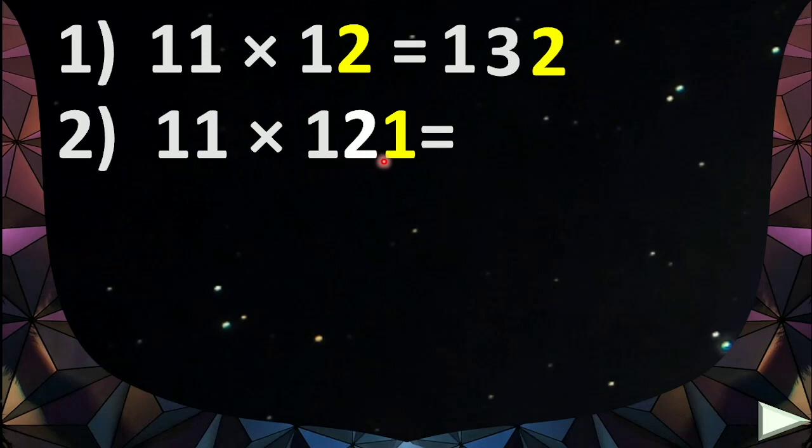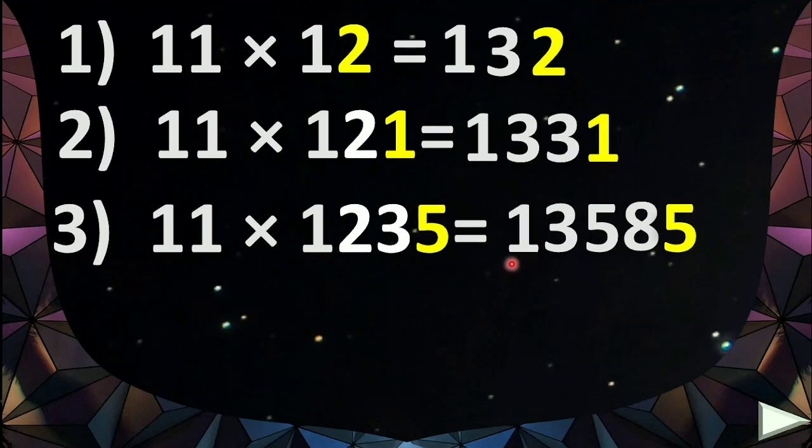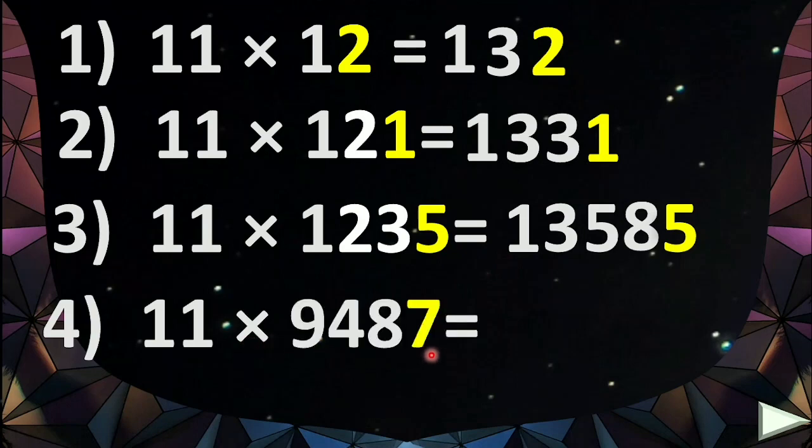Here multiplication with 121, write down 1, then 1 plus 2 will give you 3, then 2 plus 1 also 3, then 1. So answer is 1331. Now 11 multiply 1235, write down 5, then 5 plus 3 is 8, 3 plus 2 will give you 5, and then 2 plus 1 is 3, and 1 is left. Write down it also. So your answer will be 13,585.